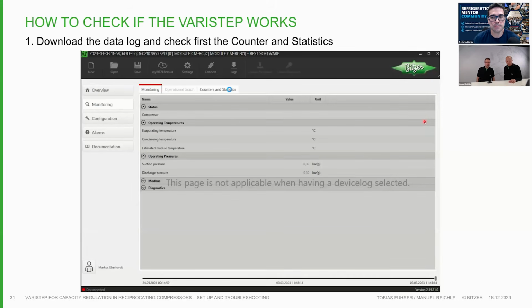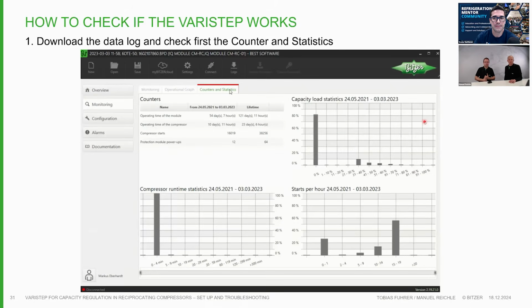When you have connected to it, you will get, of course, all the alarms and all the warnings you can see in the operational graph, but also you can see it in the alarm history, so you know what was going on with this compressor. And if you open the counter and statistics area of the BEST software, and you see a compressor that is looking like this one, for example.